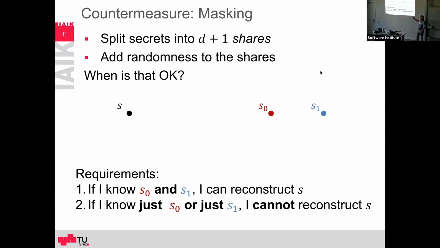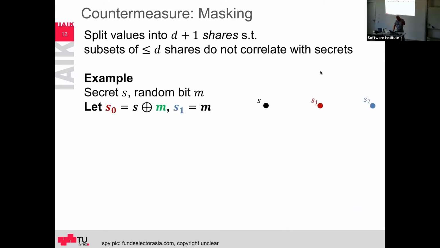Namely, if you know the two masked values, S0 and S1, you can get back to your original value, because otherwise your circuit is useless. The other thing is that neither of these values can correlate with S, right? So the question is, how do you do that? One share is not enough to get to S, two is enough.